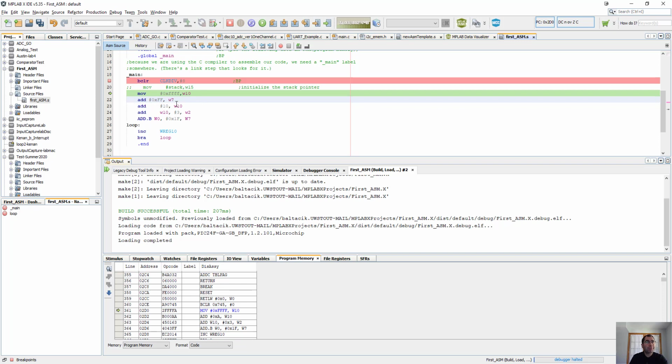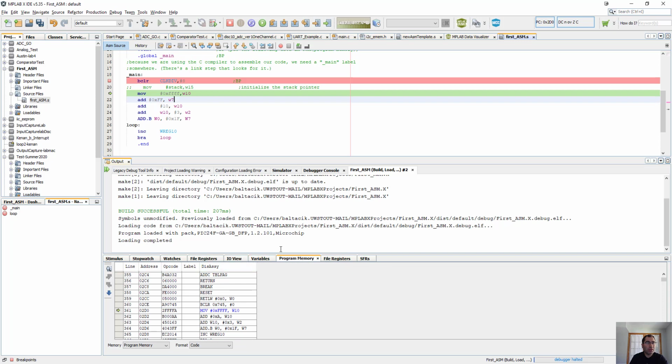So okay, let's see how I'm going to see the encoding of this instruction. The good thing about microcontrollers is we can really see everything going on inside the microcontroller.